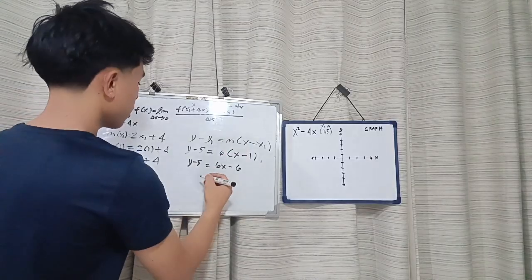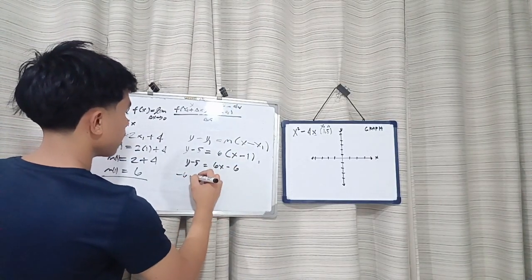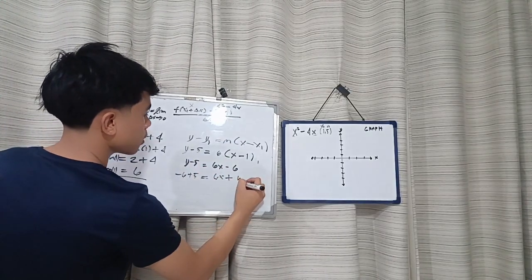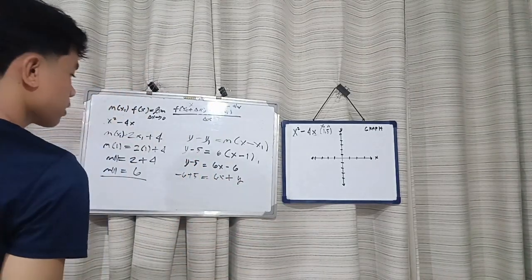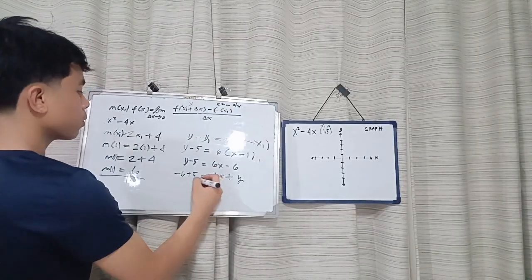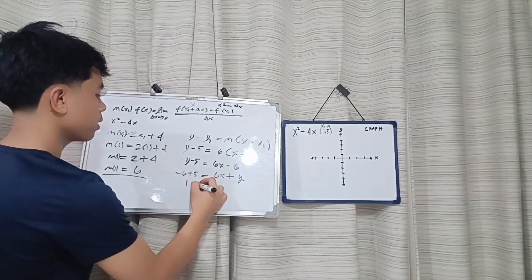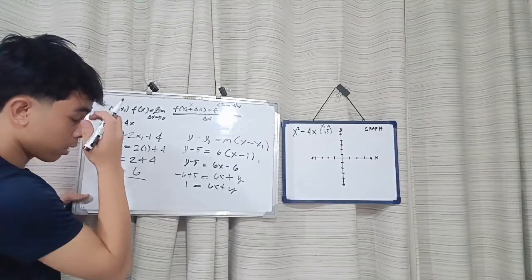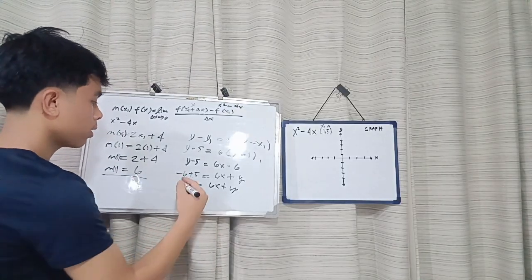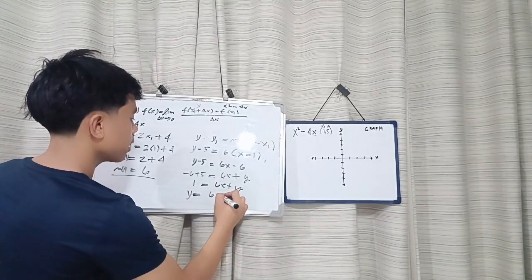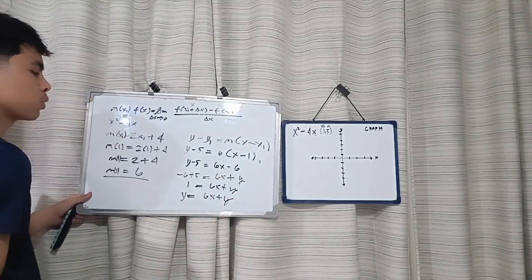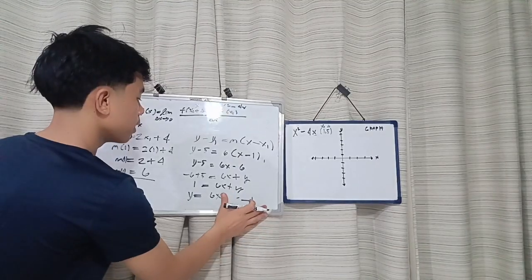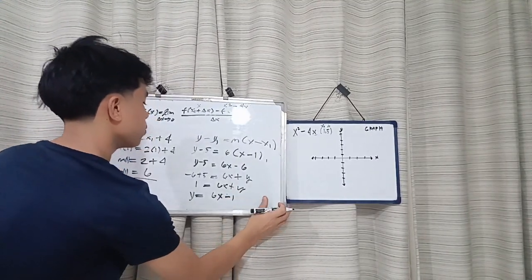Since it's negative, you can transfer it, and then plus 5. So y equals m x plus 5 minus m.